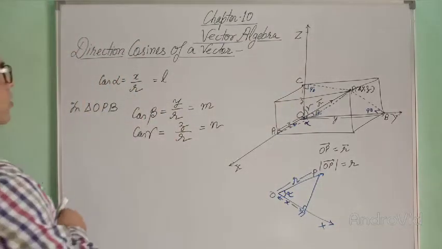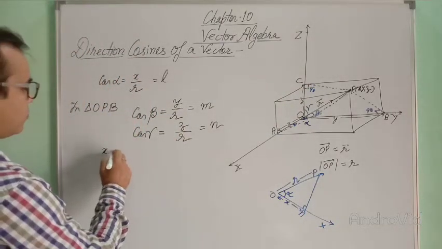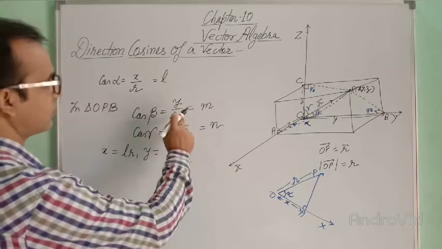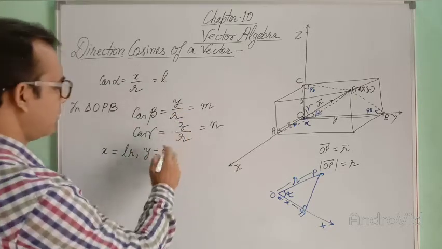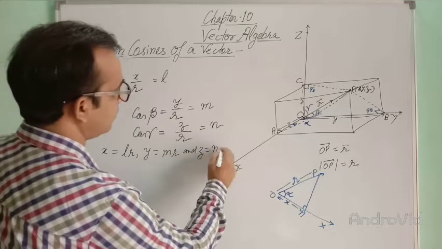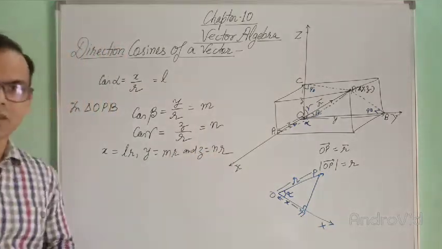Now try to get the value of x from this relation. So you will have x equal to LR, y equal to MR and z equal to NR from these relations.